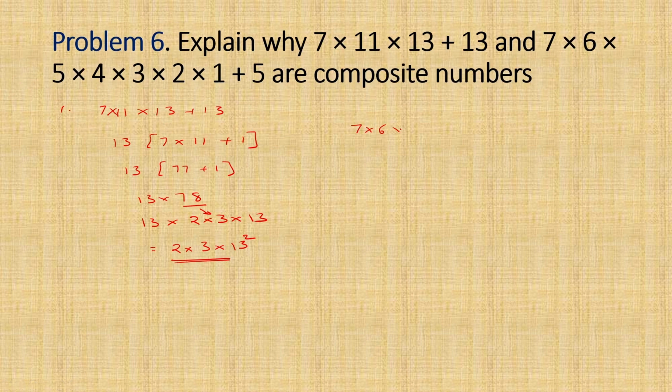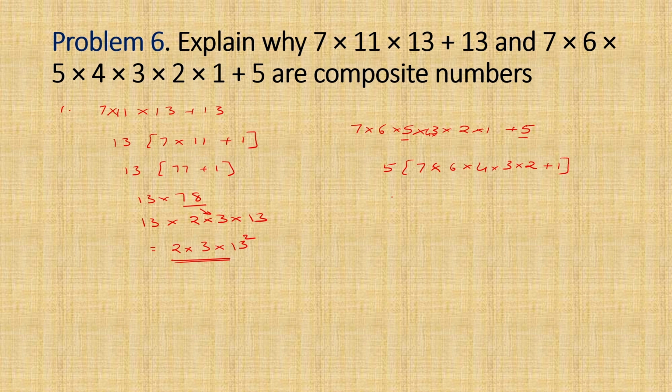7 into 6 into 5 into 4 into 3 into 2 into 1 plus 5. Here in this, 5 is common in both. 5 into 7 into 6 into 4 into 3 into 2 into 1 is there or not?